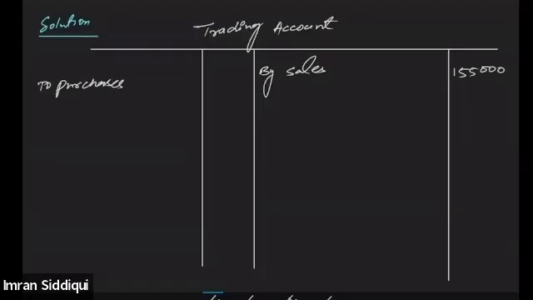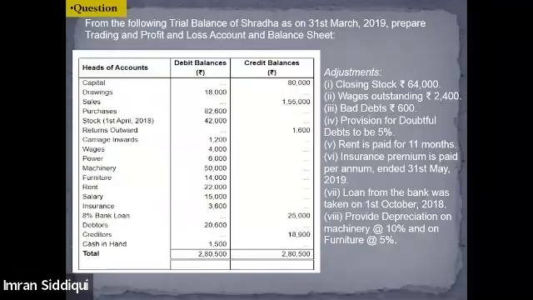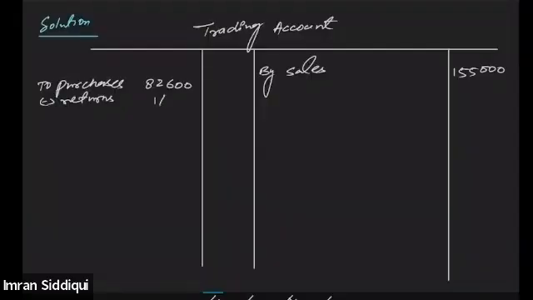Purchase is 82,600 minus purchase returns. Purchase return is 1,600. This will be 81,000.